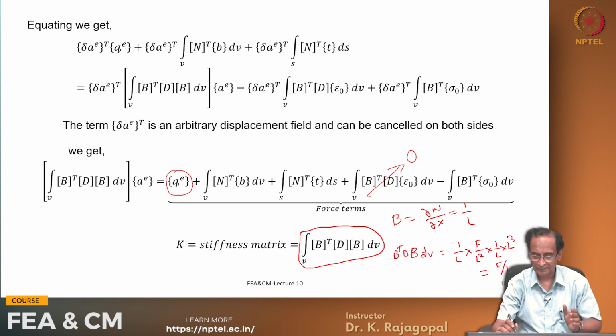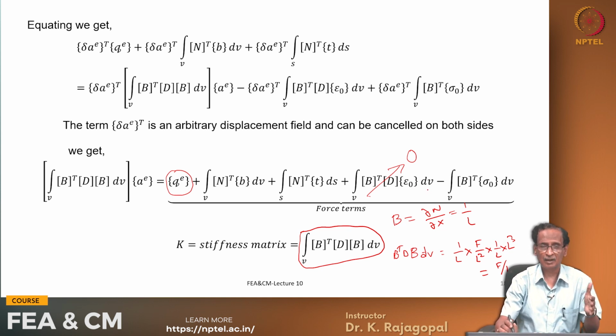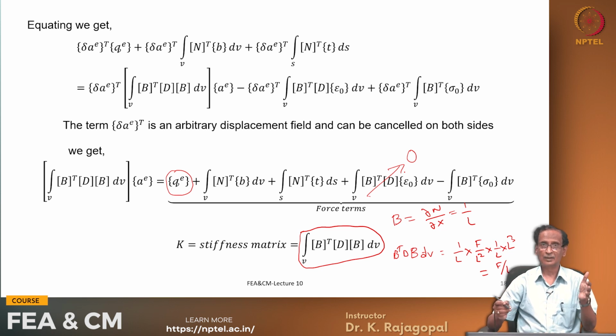So in general, epsilon naught is not considered in geotechnical engineering, whereas for structural engineers it is a very important quantity, because epsilon naught may be related to misfit of a member or some other reasons.